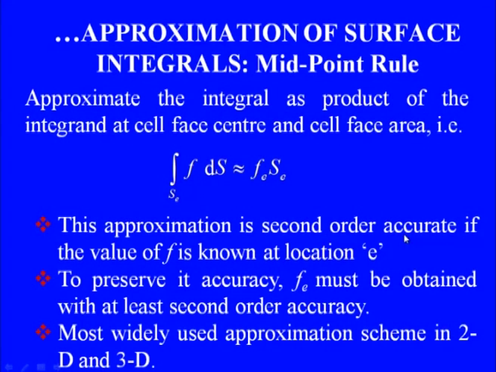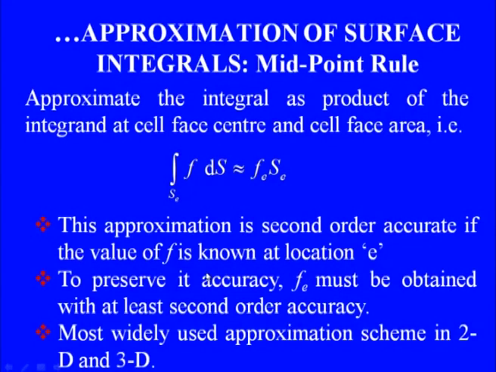Even this simple approximation is of second order accuracy if the value of f is known at the location e, where e denotes the center of the face S_e. So if we want to preserve this second order accuracy, we have to obtain f_e in terms of the values at the computational nodes to at least second order accuracy. And how do we do this?